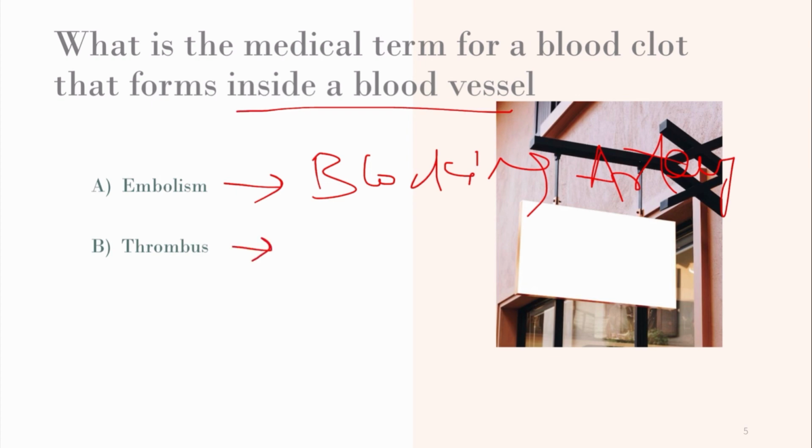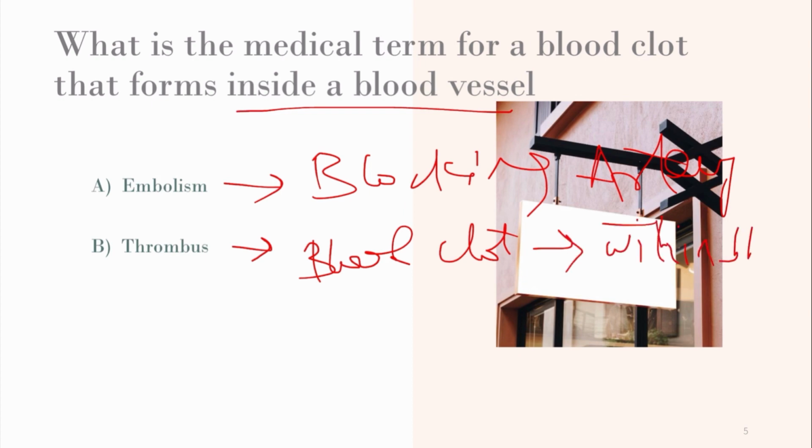What is thrombus? The final product of the blood clot within the blood vessels, the last step. The final product of a blood clot is called thrombus, and it is formed within the blood vessel.